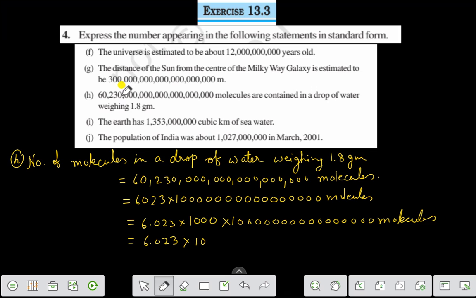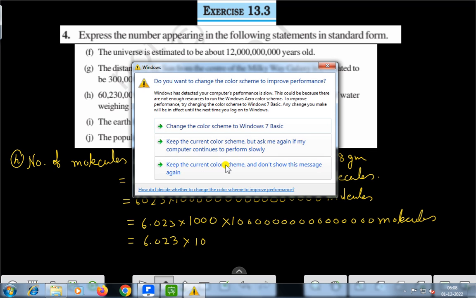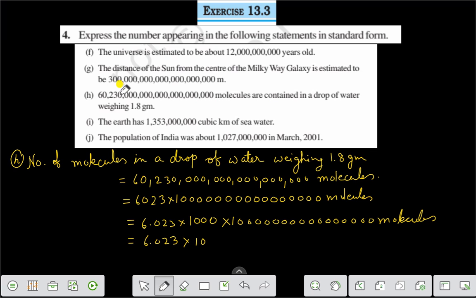Total 19. Again count. 1, 2, 3, 4, 5, 6, 7, 8, 9, 10, 11, 12, 13, 14, 15, 16, 17, 18, 19, total 19.